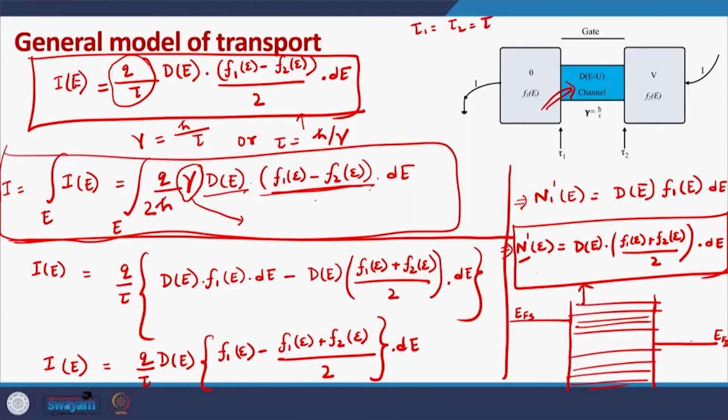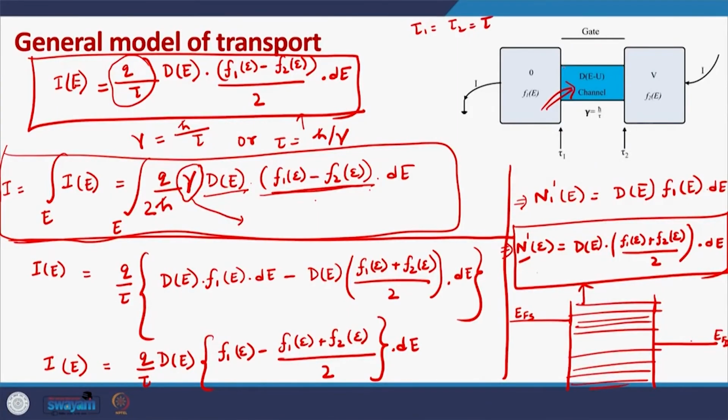There is another approximation that we need to keep in mind, which I did not explicitly mention earlier. In these devices, it is assumed that the contacts are reflectionless. What it means is that the electron that travels through the channel is completely absorbed by the corresponding contact to which it strikes.